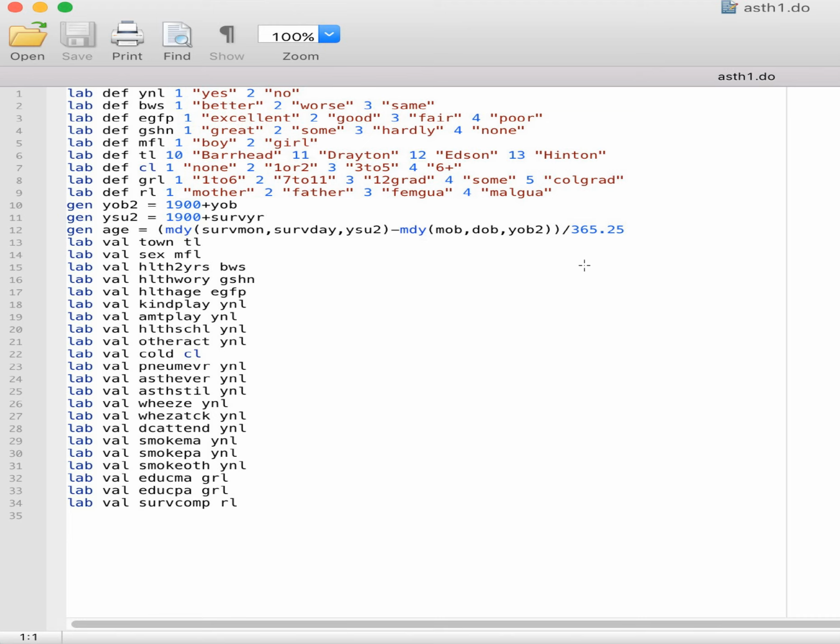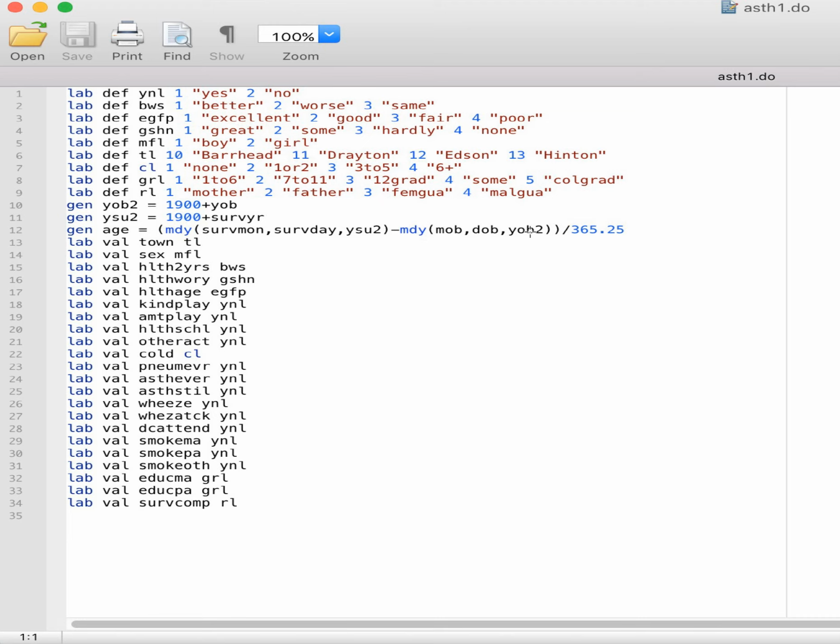Here, by the way, is how Stata would take the date of birth and the date in which the survey was completed, and enabling you to compute a numerical value for their age. So this function in Stata, MDY, enables you to compute the number of days between the date in which the survey was completed and the person's date of birth.